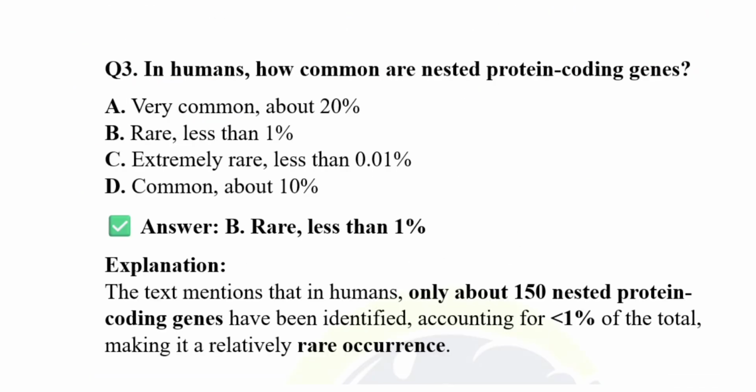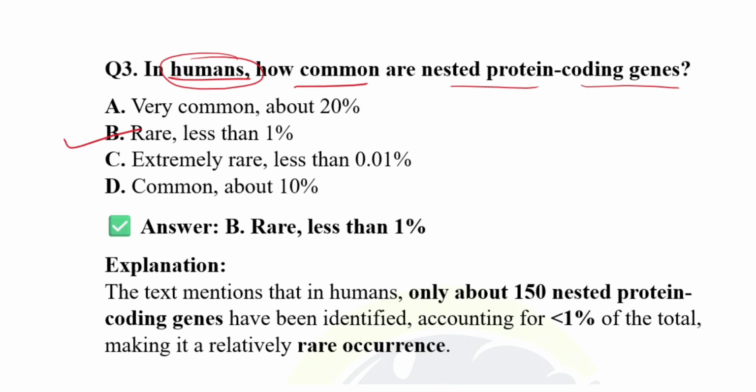Now next question. You have to focus on each and every specific term mentioned in the question. Please try to focus on whatever is asked. In this question it is asked in humans; in the previous one it was asked in Drosophila. So in humans, how common are nested protein coding genes? In humans it is very rare, less than 1%.